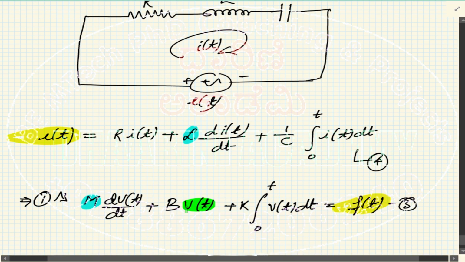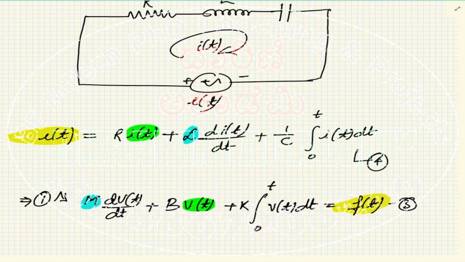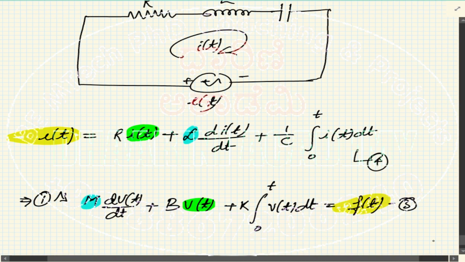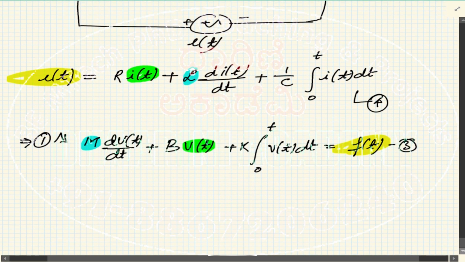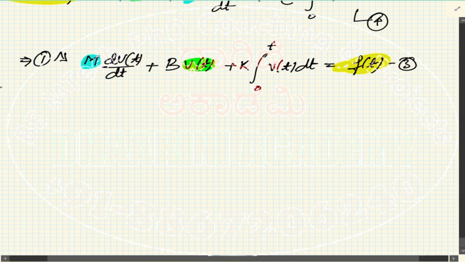Earlier there was v of t, which is the velocity, and it becomes equal to current now. So we can equate them in this fashion. Comparing 3 with 4, we get the force f of t equivalent to the voltage.